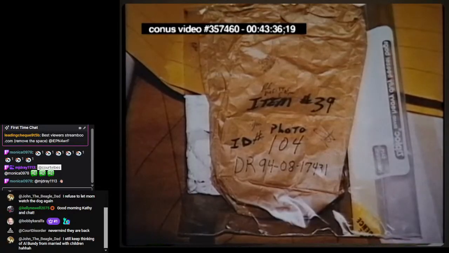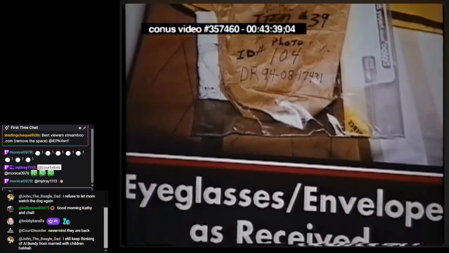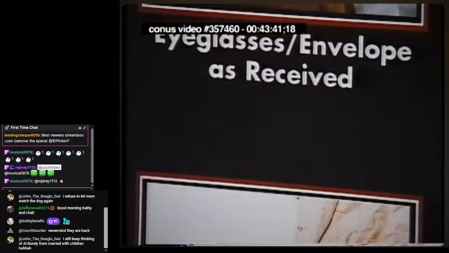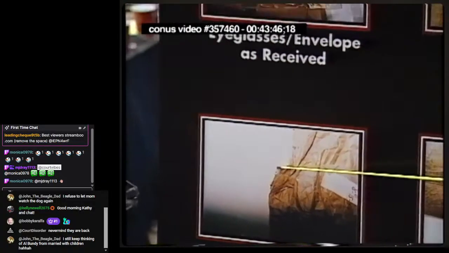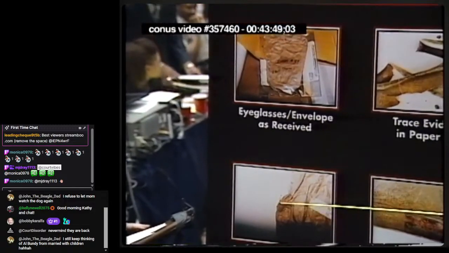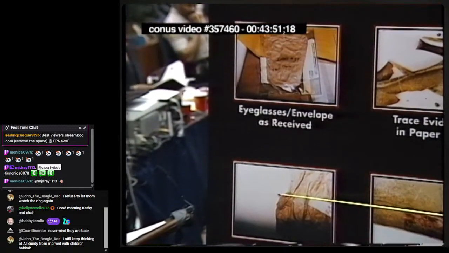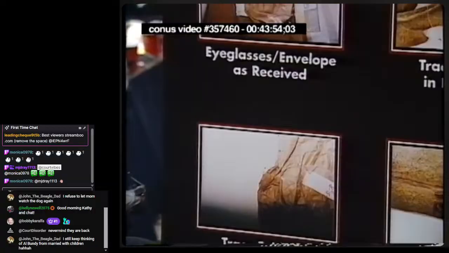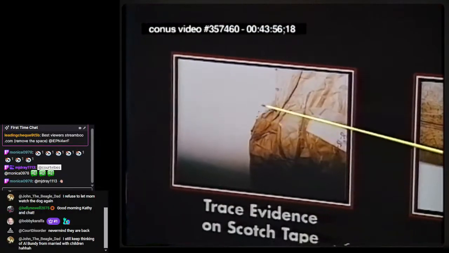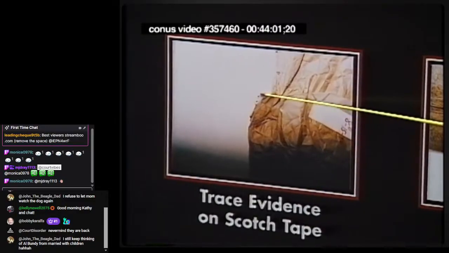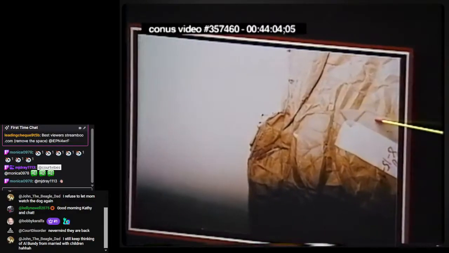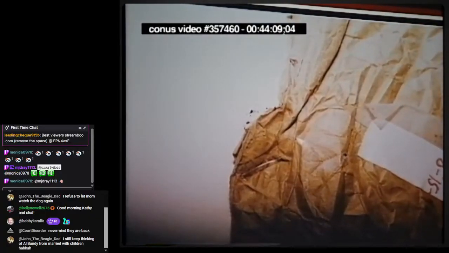First column, second photograph, depicts a close-up view of the top opening of the brown paper bag. It has a scotch tape. There are trace materials, some consistent with blood crust, noticed on that plastic scotch tape.